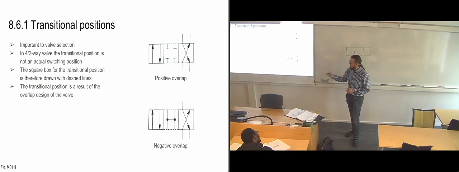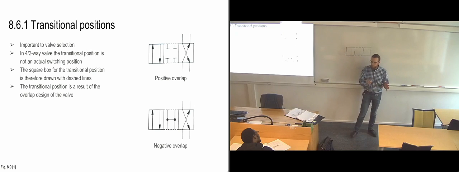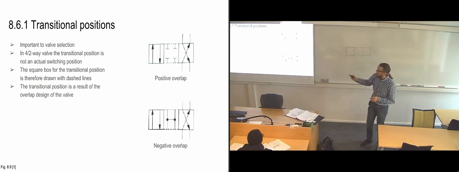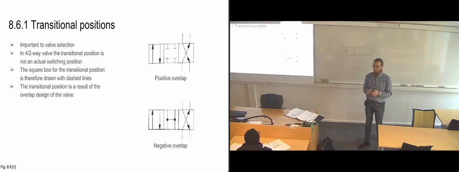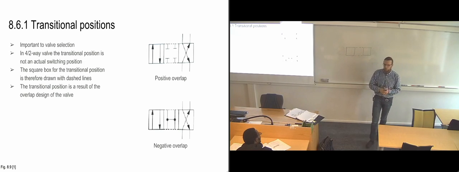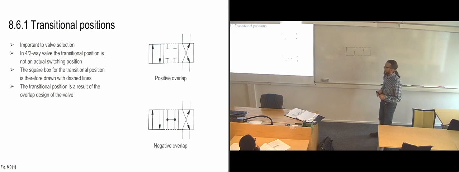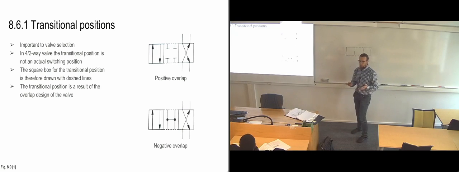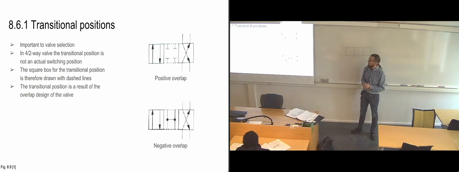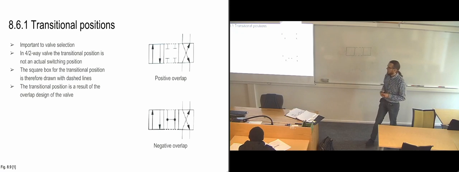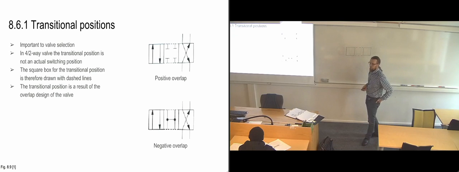So for a little while there, you're going to lose a bit of your control over the cylinder. Then it would be better to have a positive overlap, because it would be better to have a pressure peak than actually lose control of your cylinder for a short while. But if losing control of your cylinder really isn't a problem, then the negative overlap will be more easy on your system, basically. So you really need to see the full picture when you're working on it.